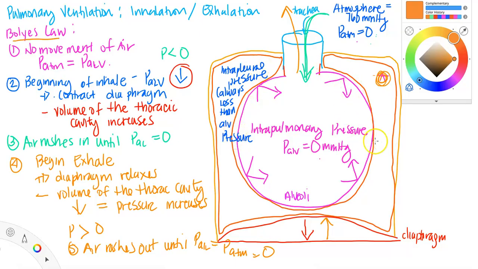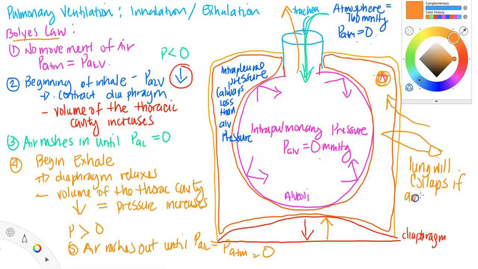If something happens, like you get stabbed in the chest, that pokes a hole in the serous membrane here, the serous cavity there, and air will rush in here. And when that happens, then the pressure goes up, it goes above the alveolar pressure, and the lung will collapse.